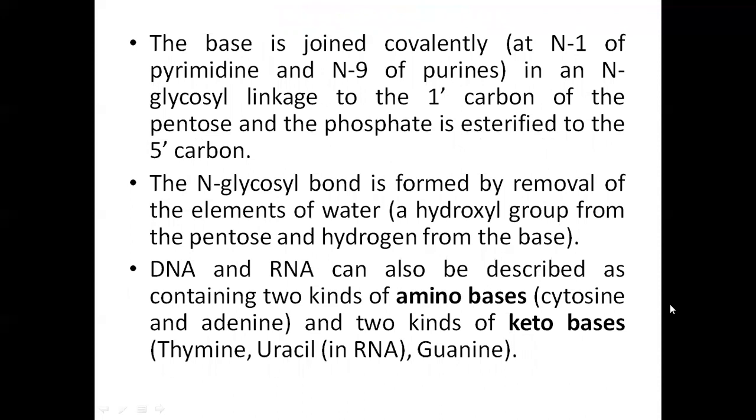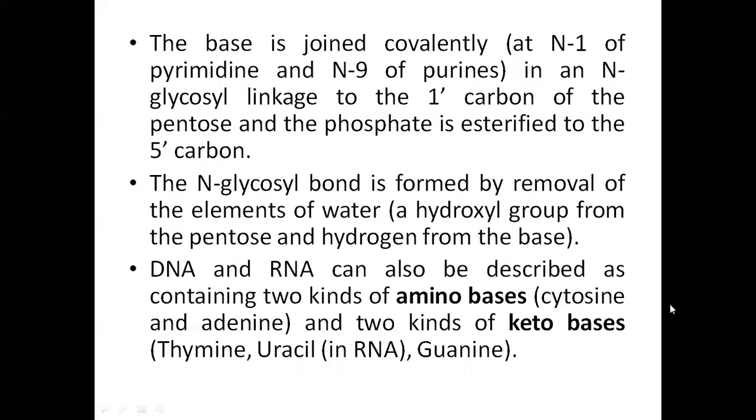As I mentioned earlier, a base is joined to a sugar by means of an N-glycosidic bond. Strictly speaking, N1 of pyrimidines and N9 of purines are linked to the first carbon. Here I'm using prime, 1 prime.